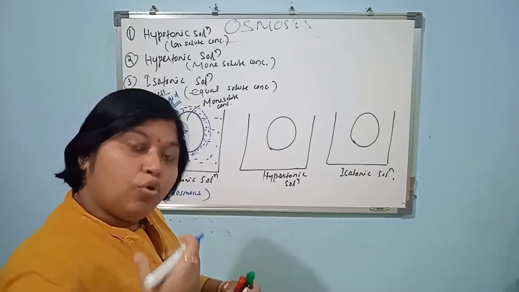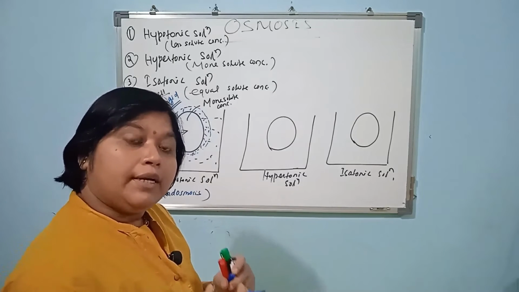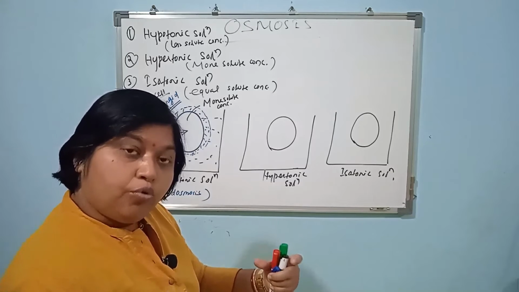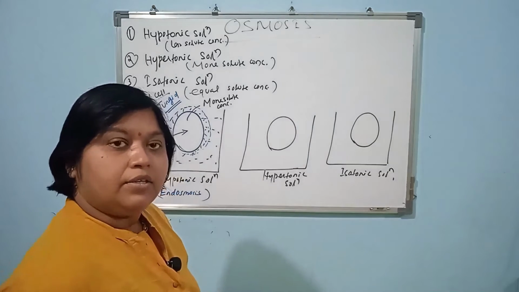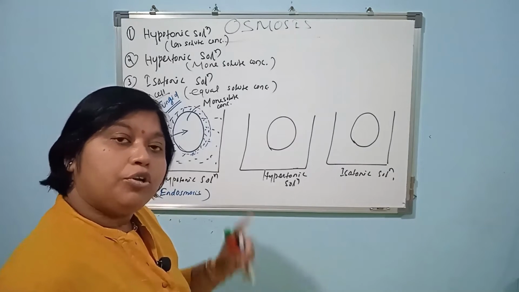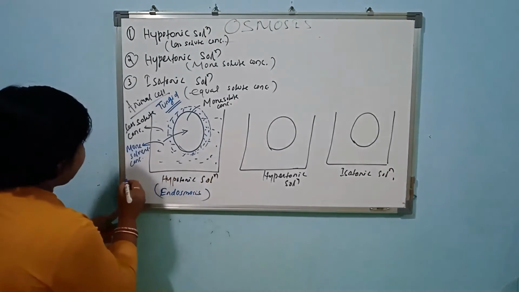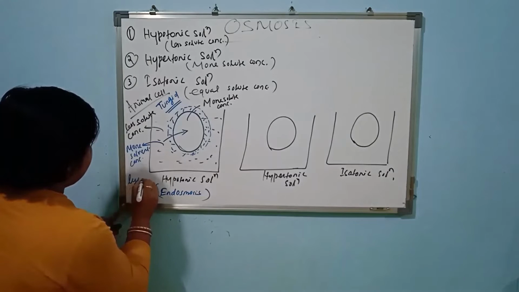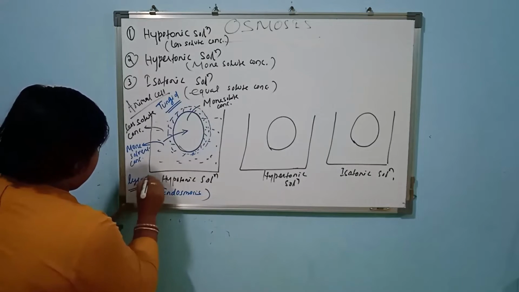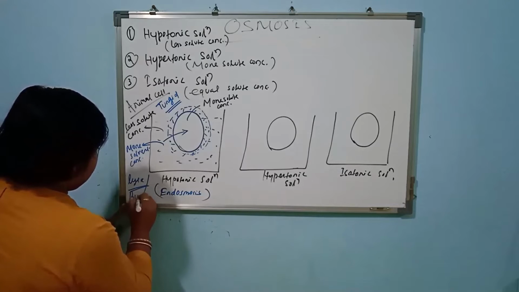When it gets more water, it will not control its expansion and the cell will burst, or you can say the cell will lyse. So here the cell will die, or you can say burst.